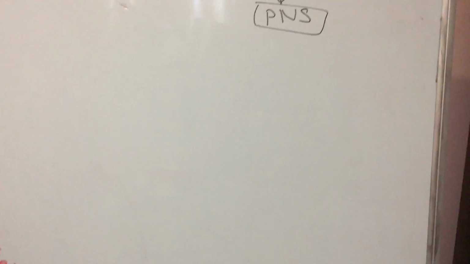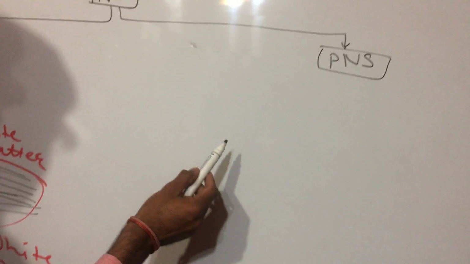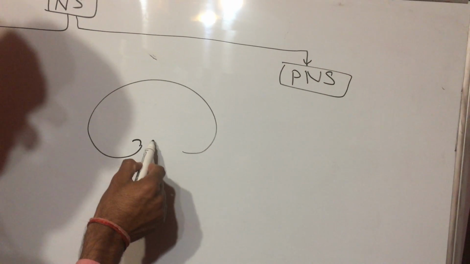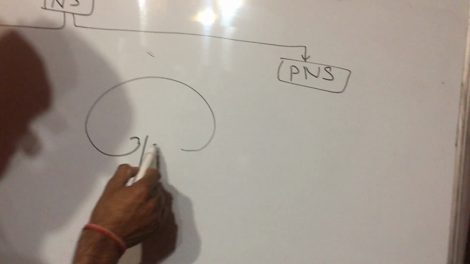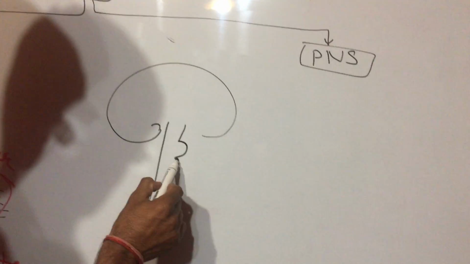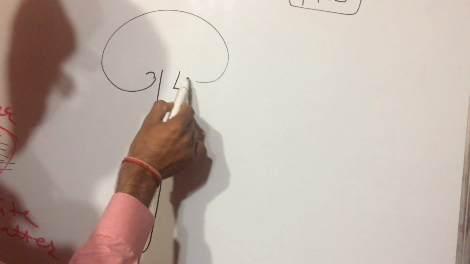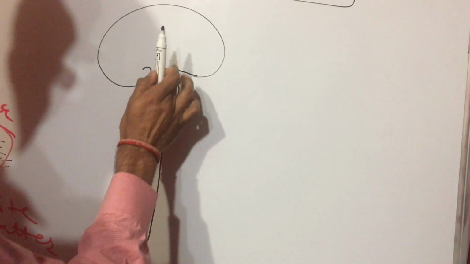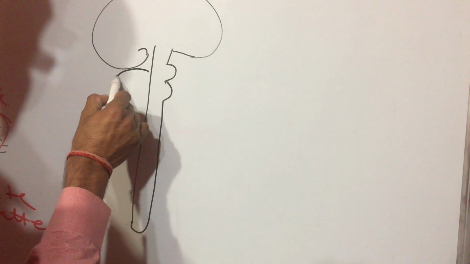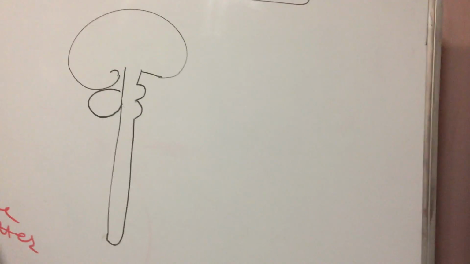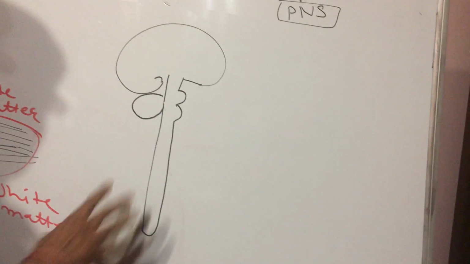I am drawing a very simple diagram of the brain. This is our spinal cord, this is the brain, and this is the cerebellum.